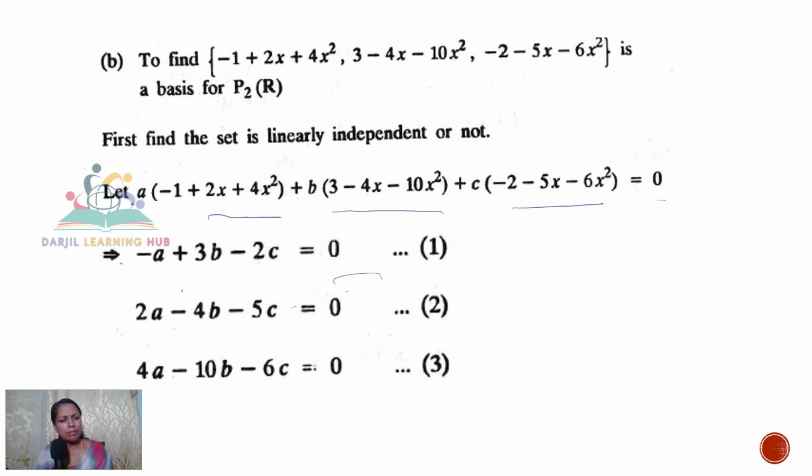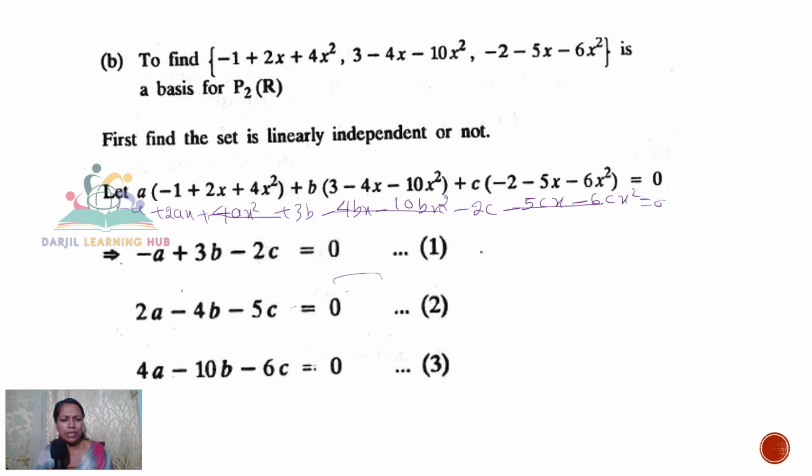And then on simplification, minus a plus 2ax plus 4ax square, plus 3b minus 4bx minus 10bx square, minus 2c minus 5cx minus 6cx square equal to 0.